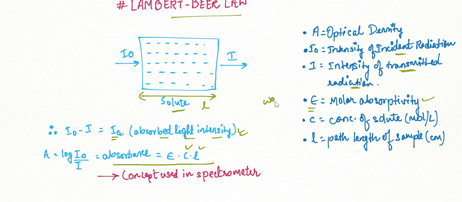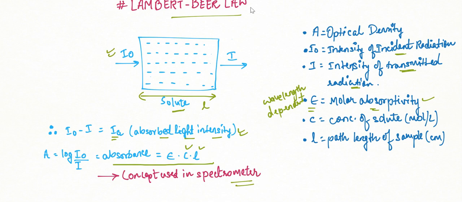It is a constant, but it will be constant with a constant wavelength only. So it is a wavelength dependent constant. For a particular wavelength of incident light, the absorptivity will be constant.